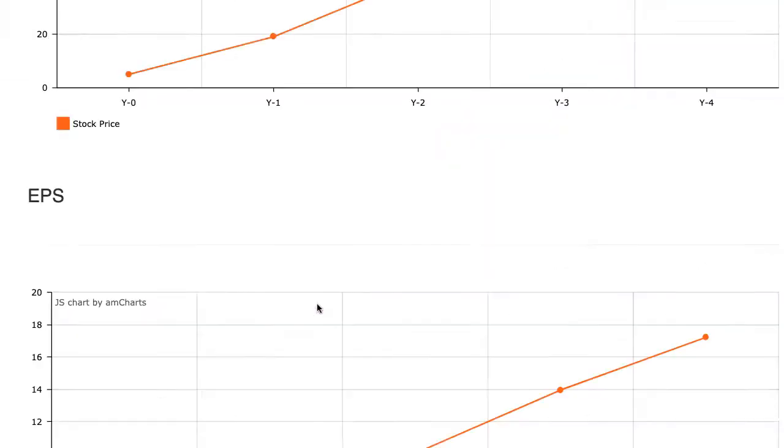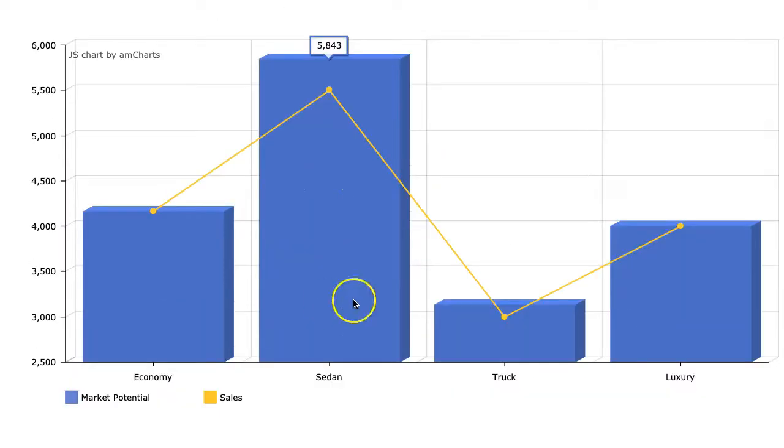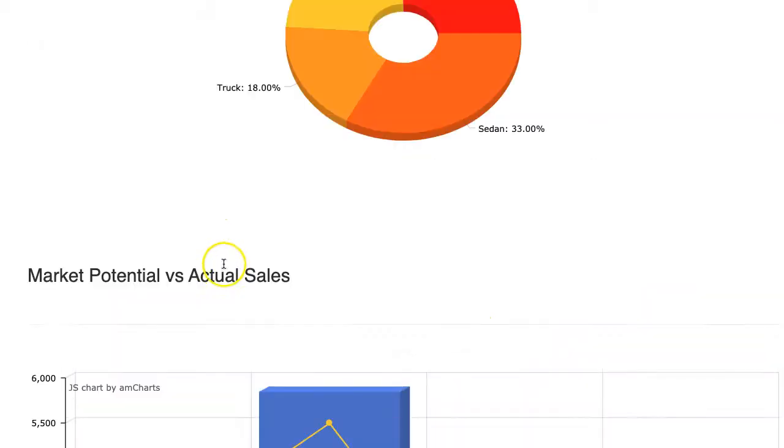But I go down to the bottom and look at this: I had more demand for 2 of my cars than I produced. So I'm losing on my marketing, because I could have sold more cars. My marketing is very effective here, but here I had some cars where I met all my demand, so maybe I could have marketed a little bit more.